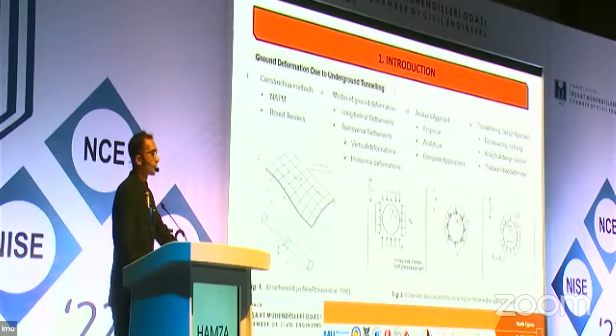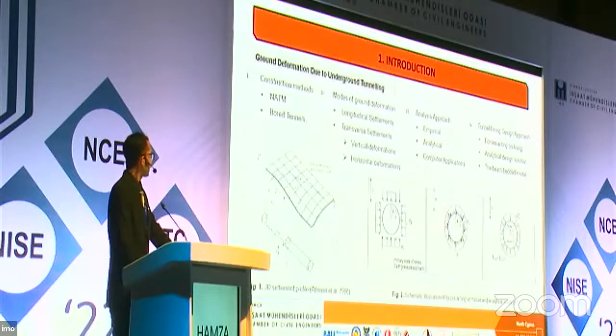Then what type of ground deformation can occur, and the analysis approach. Nowadays we have more sophisticated computer application tools which we can mobilize to get this ground deformation, and finally the tunnel lining design approach. Here in figure 1 is a 3D settlement profile, both longitudinal and transverse.